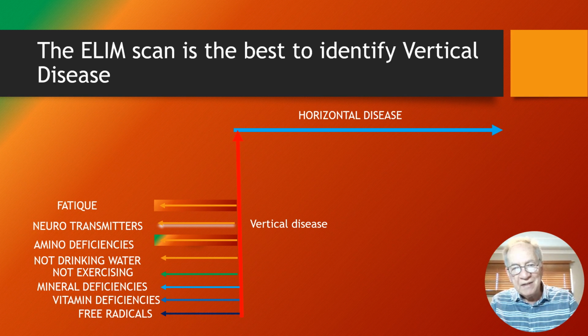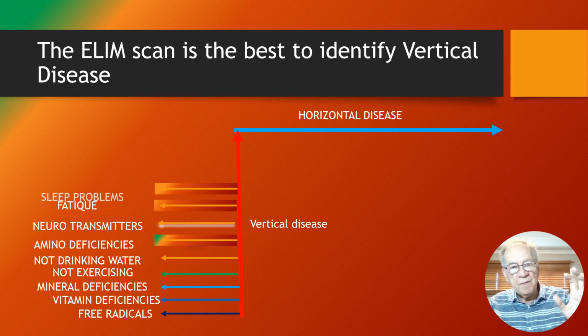You're not refreshed in the morning when you get up after your sleep. You don't have vitality. You don't have enough energy to go through the day. That is a sign of deficiencies that you already have, and you are going up this ladder here at a very fast pace. That is a serious thing if you suffer from a lot of fatigue.